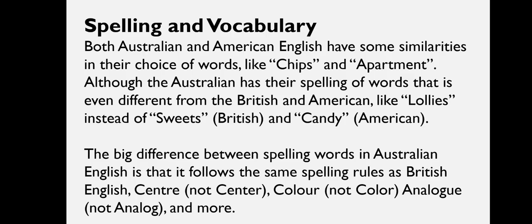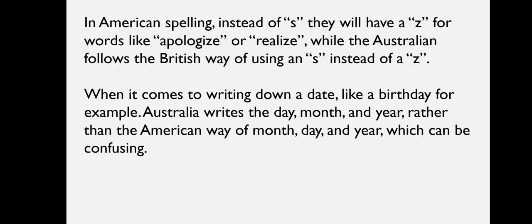Spelling and vocabulary. Both Australian and American English have similarities in their choices of words, like chips and apartment, although Australian has its own words that are different from both British and American, like lollies instead of sweets, British, and candy, American. The big difference in spelling in Australian English is that it follows the same spelling rules as British English: centre, colour, analogue, and more.